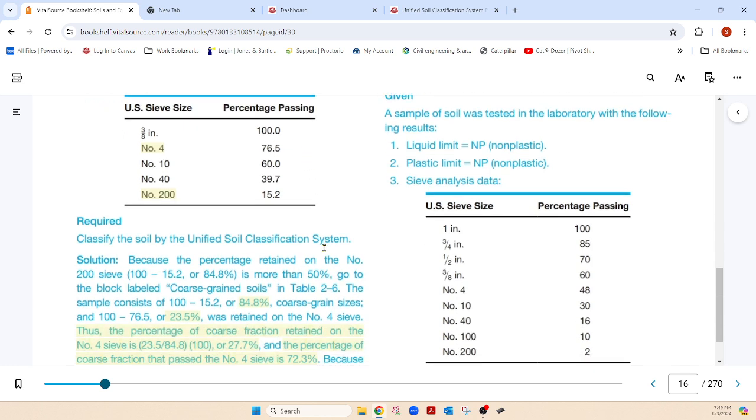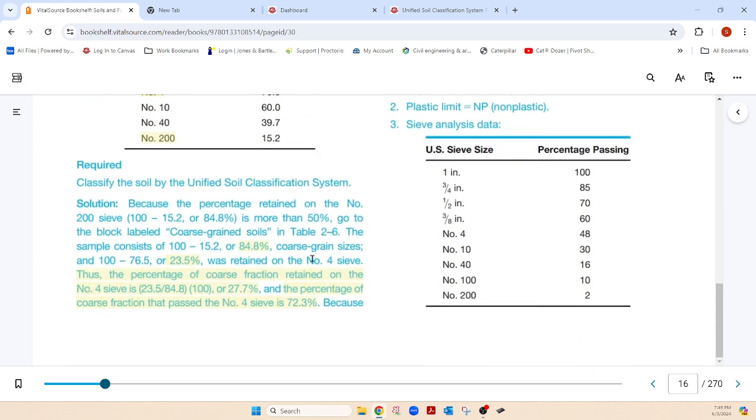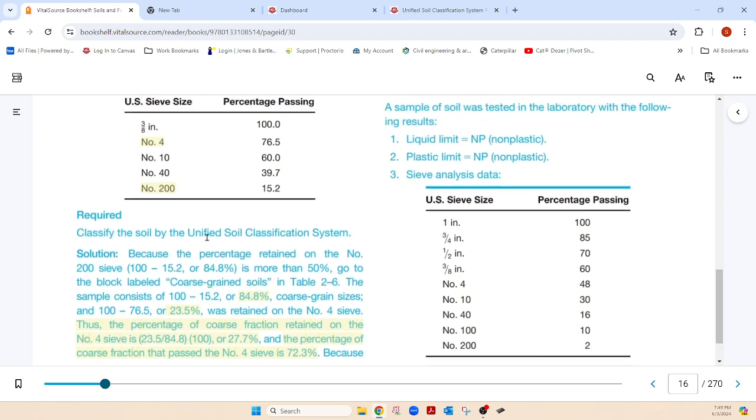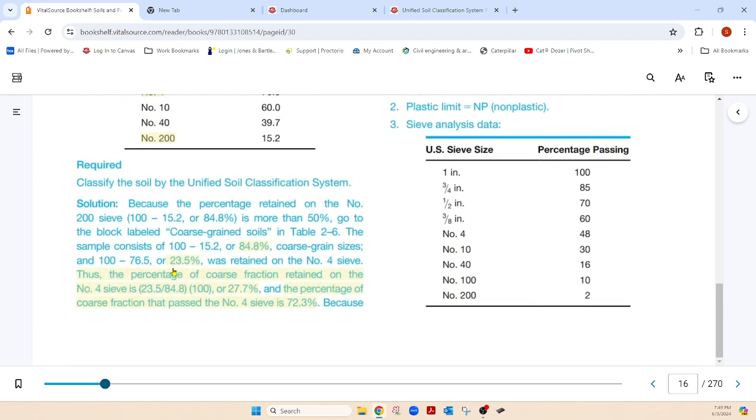So we got 23.5 retained on the number 4 sieve, and we have 84.8 retained on the number 200 sieve. So moving on, thus the percentage of coarse fraction, no, I don't want to go there yet. Maybe I do.